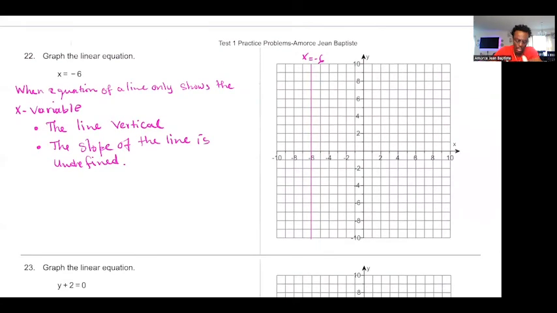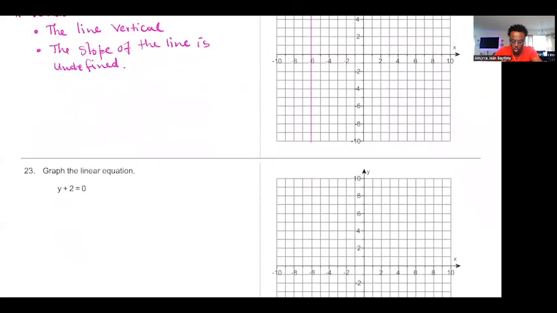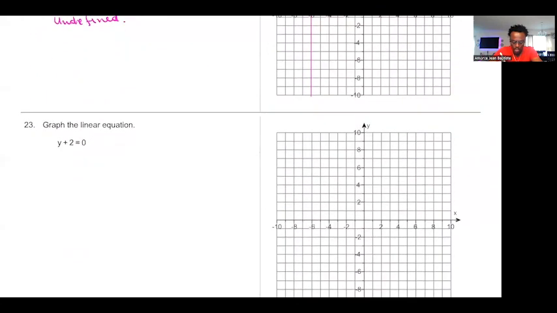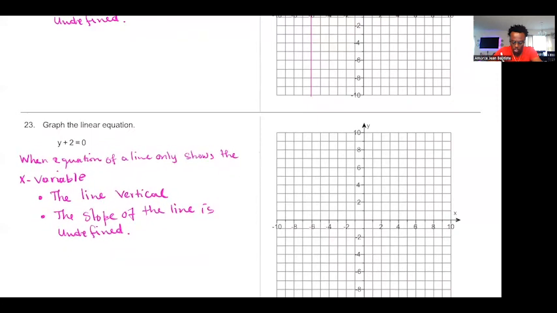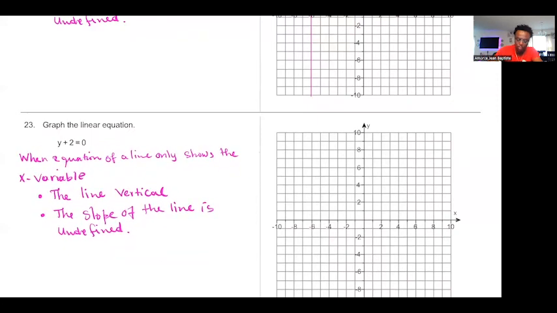And what happens if the equation of the line does not show the x, it shows only the y variable? You can anticipate what the answer would be, right? If the equation of the line shows only the y variable, the line is horizontal.